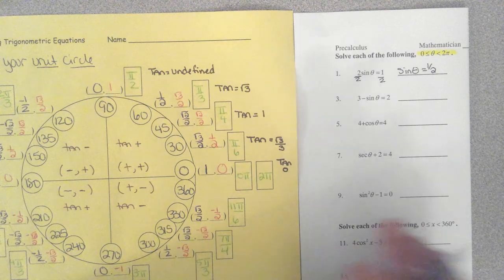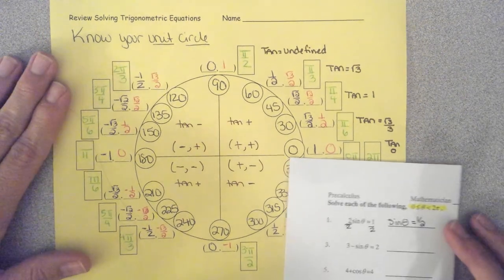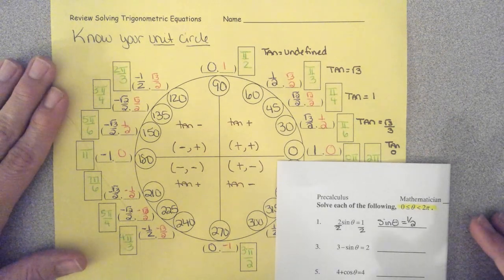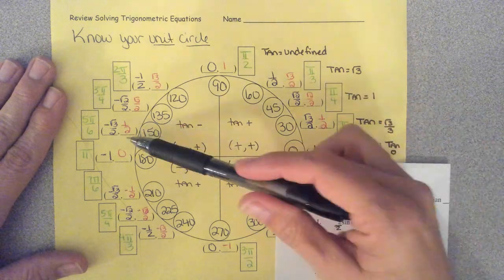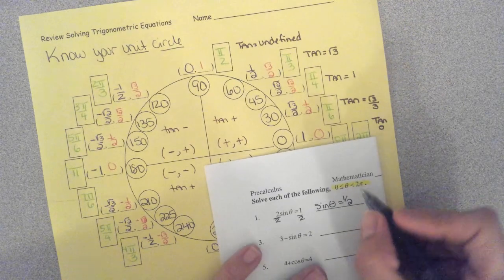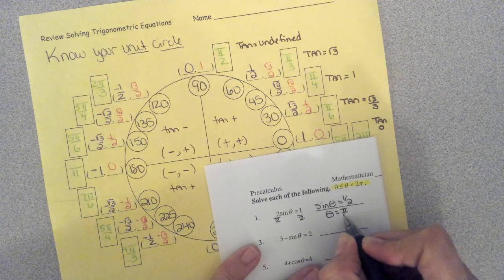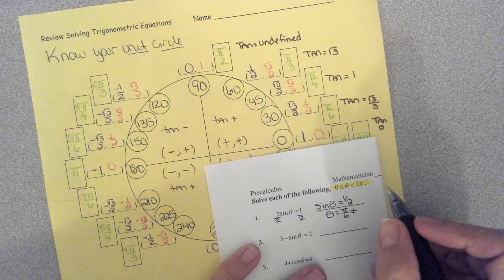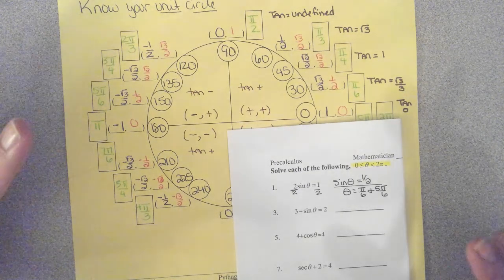Then from there, you go to your circle, which I have over here, and you're going to try to find out where on your circle all your sine values equal a positive 1/2. Well, sine is positive 1/2 at pi over 6 and at 5 pi over 6. So we're going to write down both answers. So theta equals pi over 6 and 5 pi over 6.